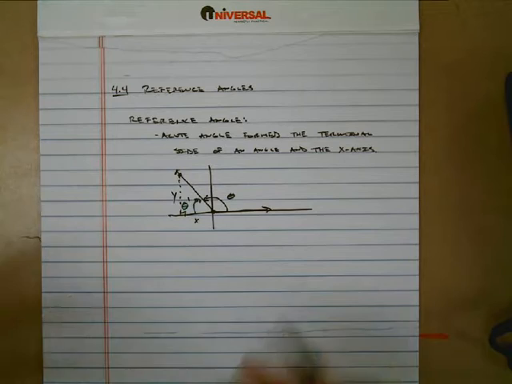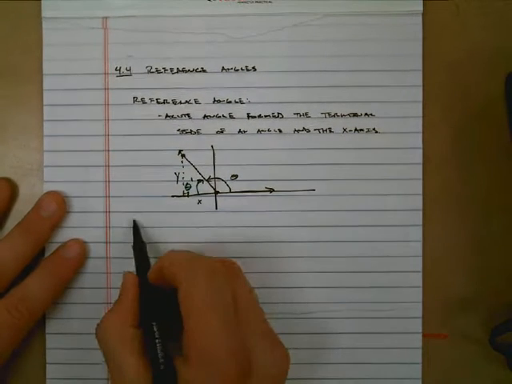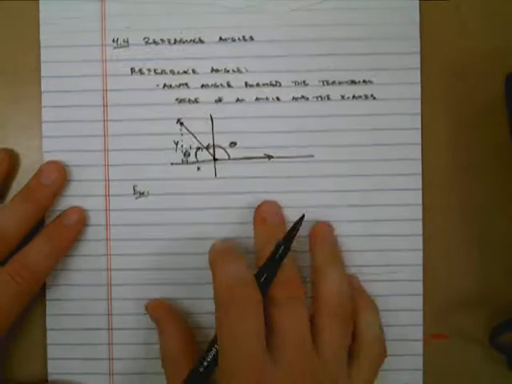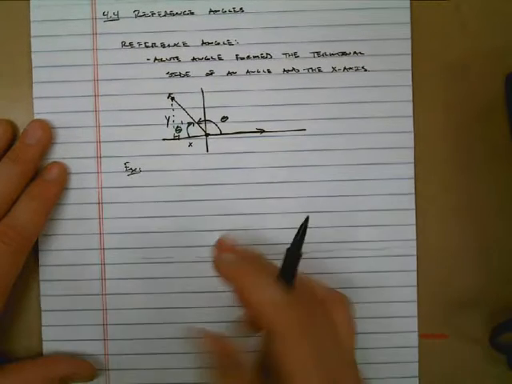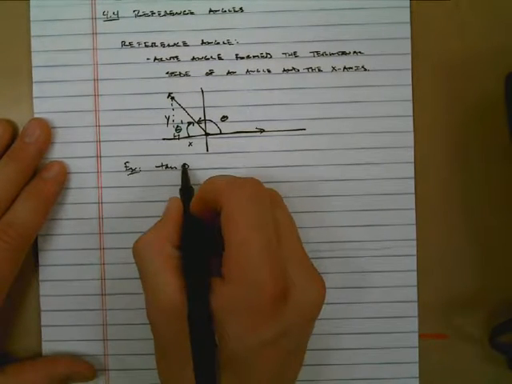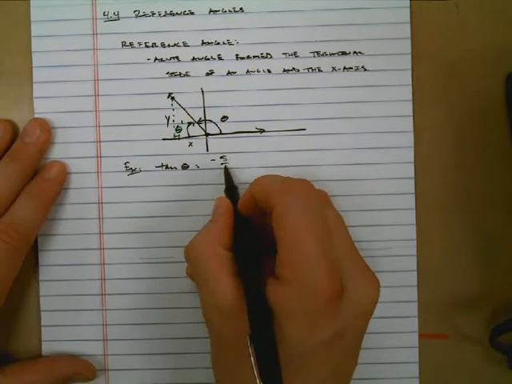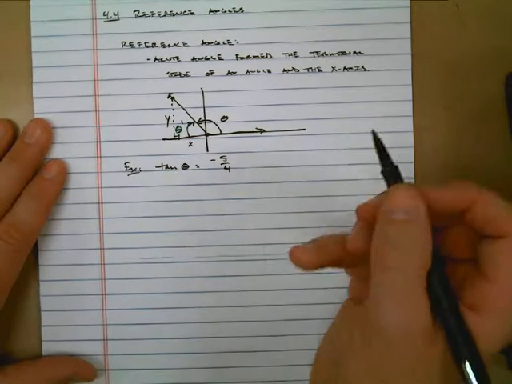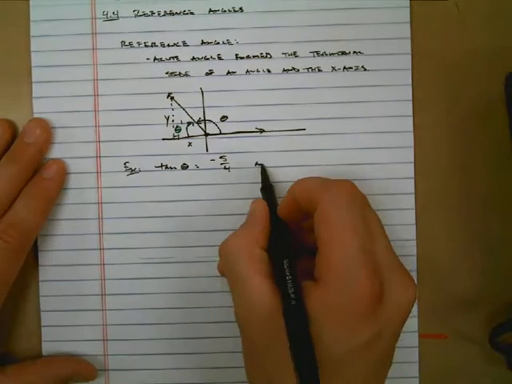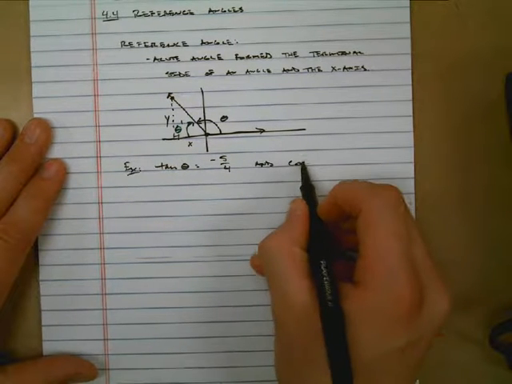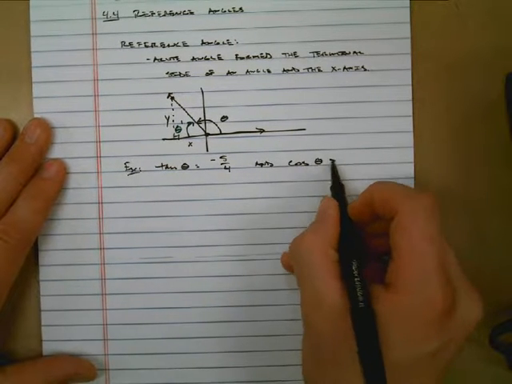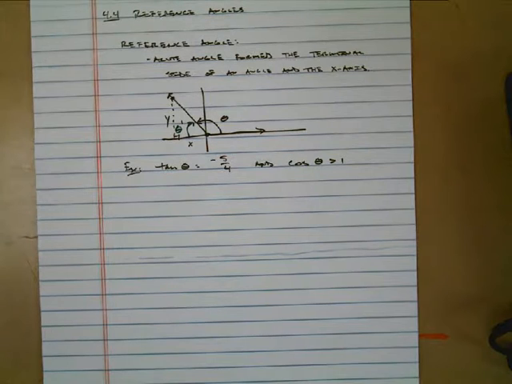For example, let's say we are given the following pieces of information. Let's say we are told that the tangent of theta is negative 5/4, and we know that the cosine of theta is greater than 1. Okay, so we have some angle that we really don't know anything about.